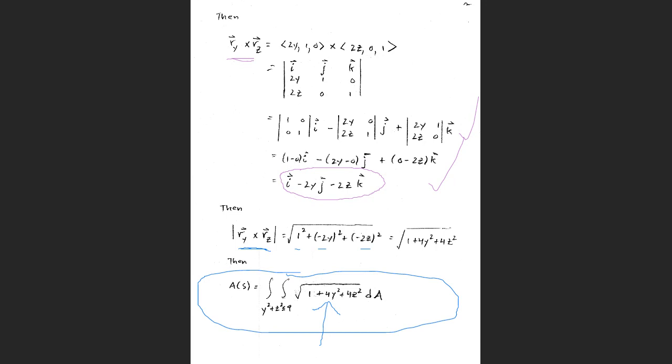You notice that I've kept the dA here, and I've written my region of integration just as y squared plus z squared is less than or equal to 9.